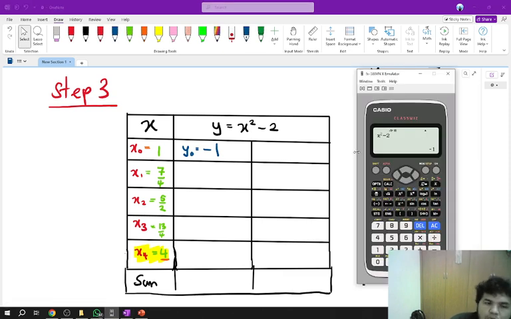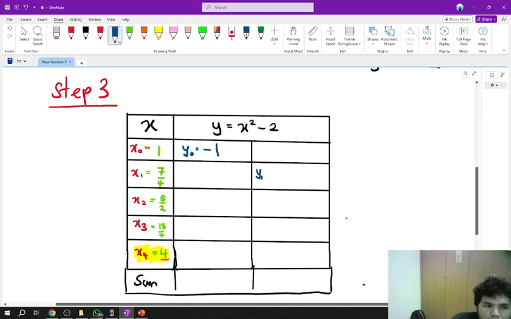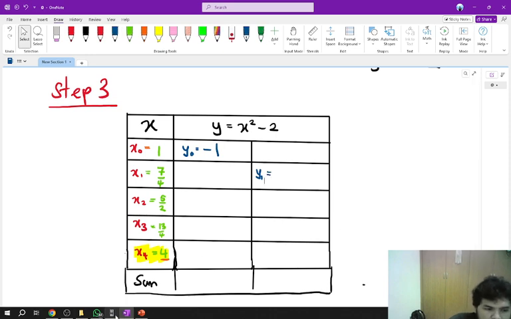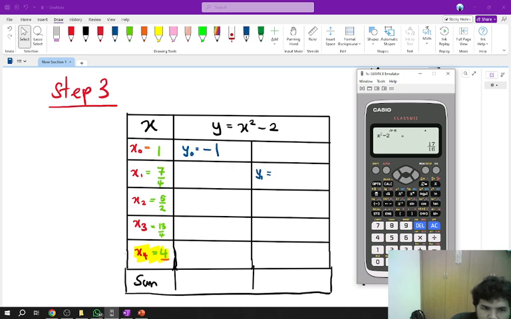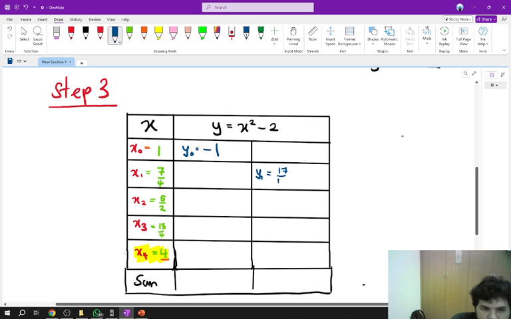Alright, now we continue to find the value of y1. For y1 we have to use the value of x1. So again, do the same process on the calculator. Press calculate, insert our x input, 7 over 4, confirm and get the answer. So y1 is equal to 17 over 16.